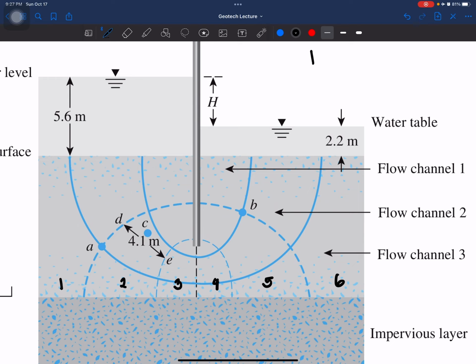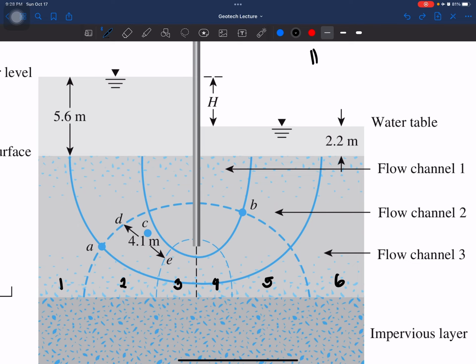So when the water passes from the upstream going to the downstream, every time it crosses an equipotential drop area, it loses some of its head. The head loss on each area is just equal to the total head loss divided by the number of equipotential drops.